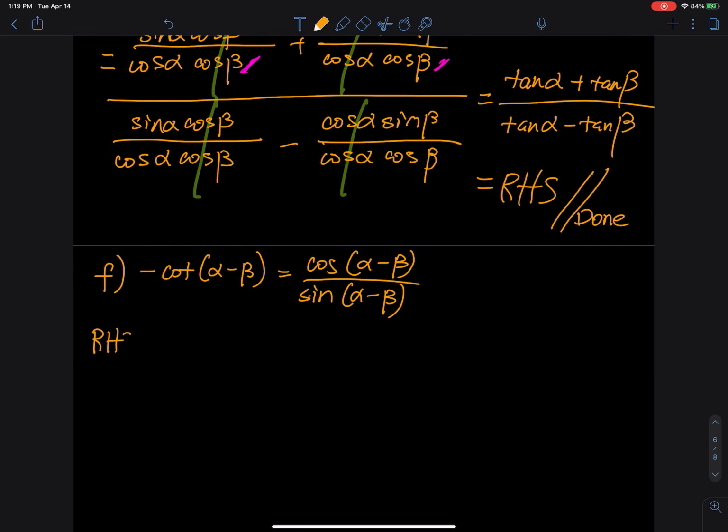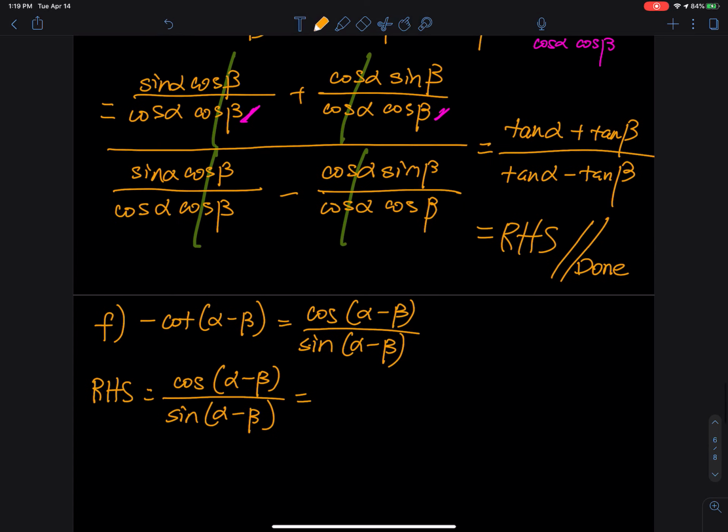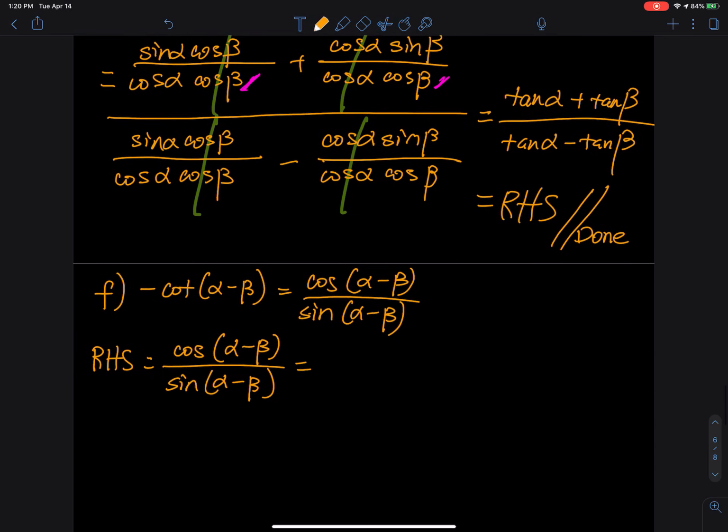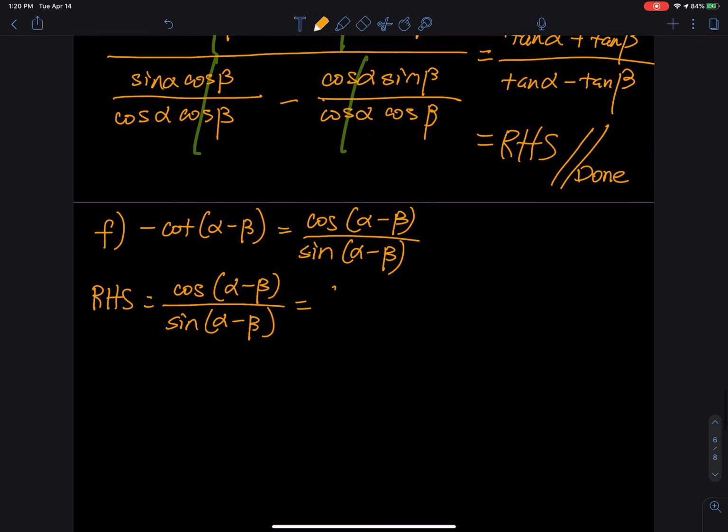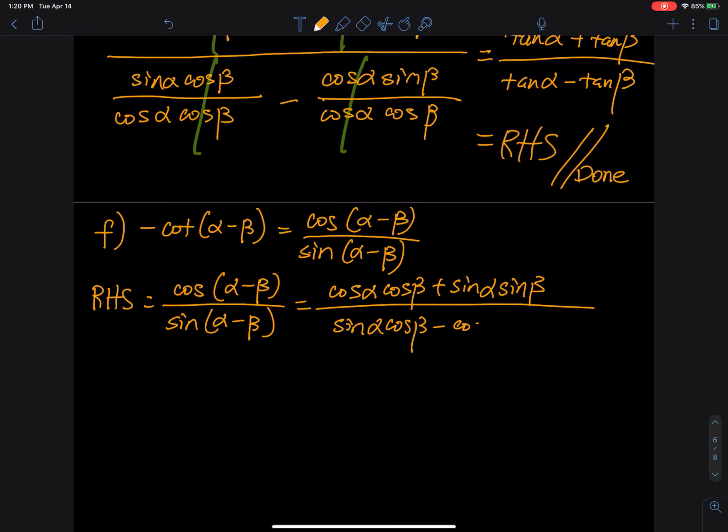So right hand side, that is equal to cosine alpha minus beta, and then divided by sine alpha minus beta. You apply the difference formula.